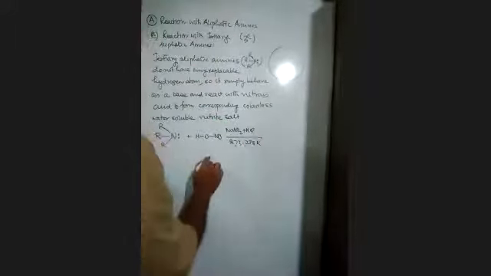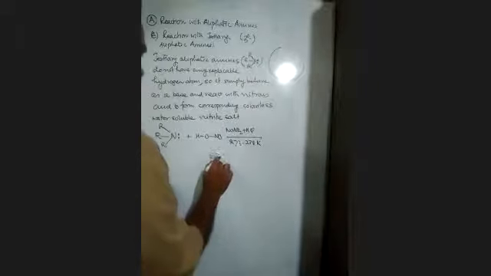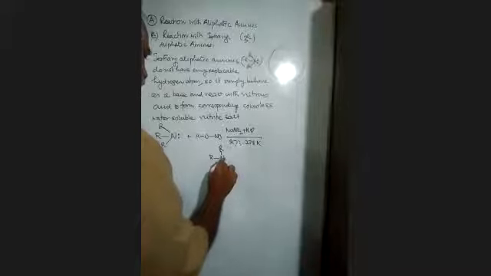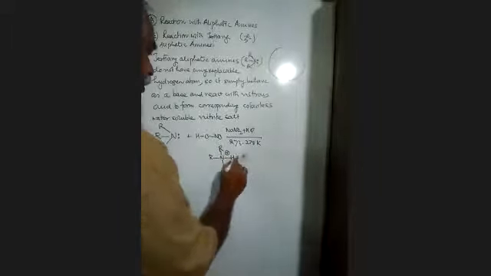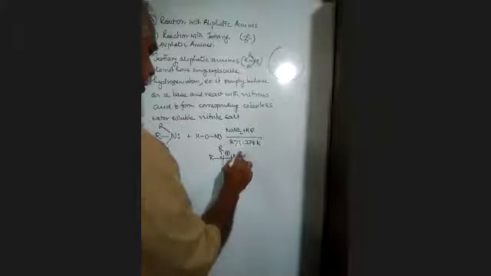So what we are going to get now here? R3NH, this is the ammonium ion.